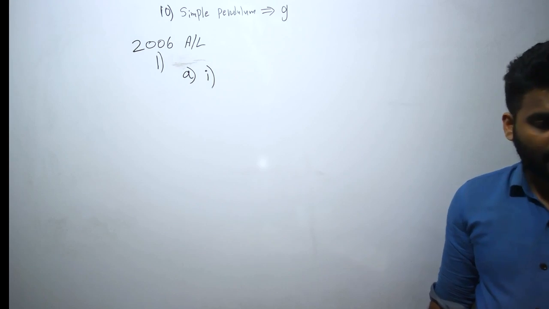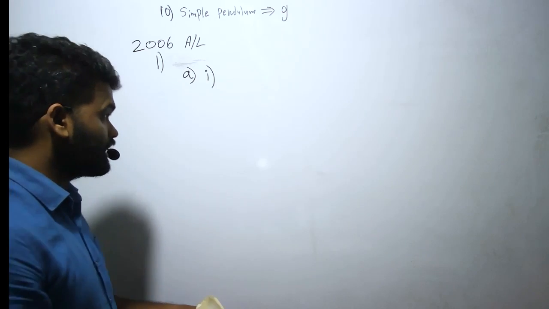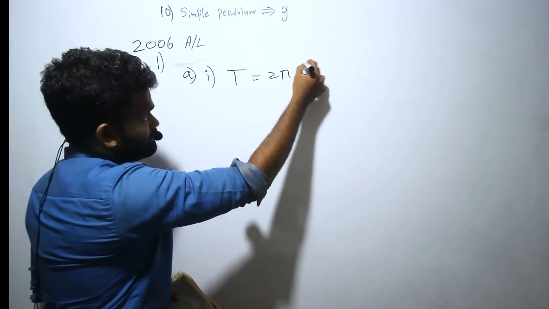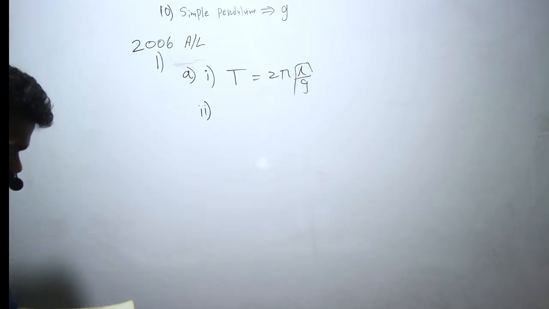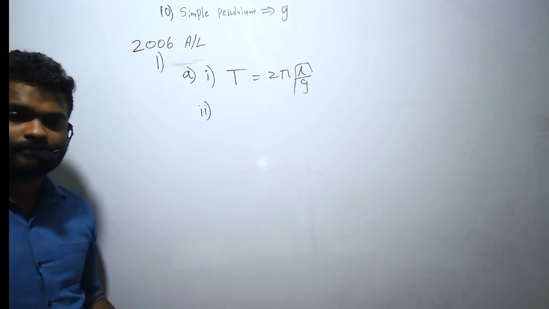So simply part 1. They are asking just for the expression for the time of oscillation, obviously this one. That's easy. Second part: rearrange the above expression in the most suitable manner in order to obtain a value for g by plotting a graph.